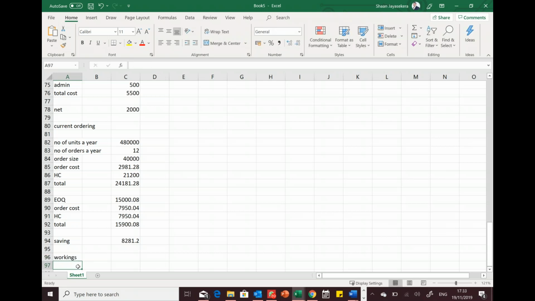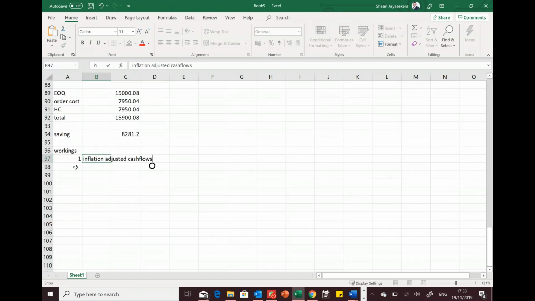So my working one, I'll work inflation adjusted cash flows. Okay, so to work out the inflation adjusted cash flows, first of all, let me work. Okay, so year, for selling price. So what have they told me about the selling price now?